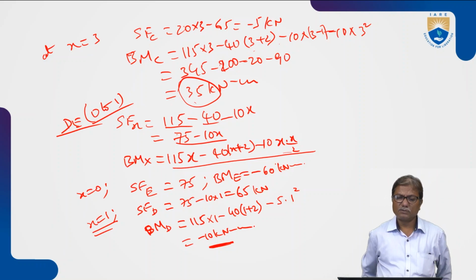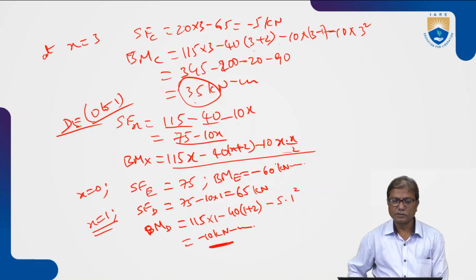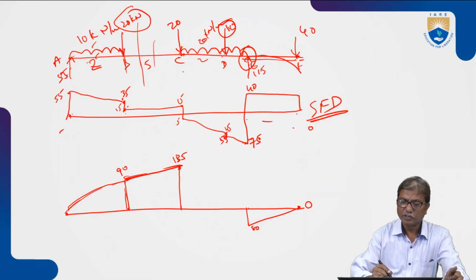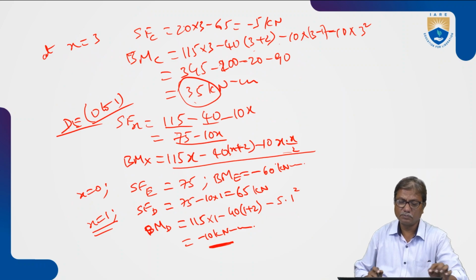So we have to once verify these calculations. But the procedure is that by finding shear force values and bending moment values at different points and plotting them. So bending moment at B is minus 10. We are getting at one point minus 10.